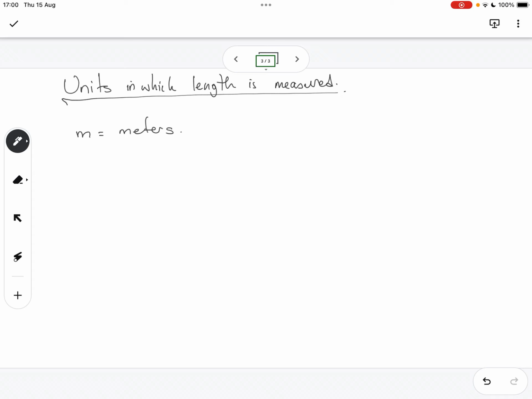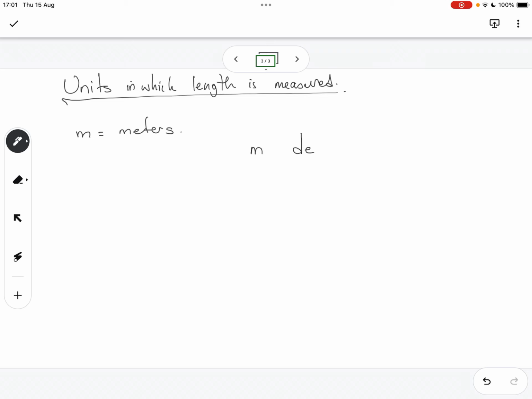And now on our scale, we would have meters here, then we would have decimeters first, and then centimeters.